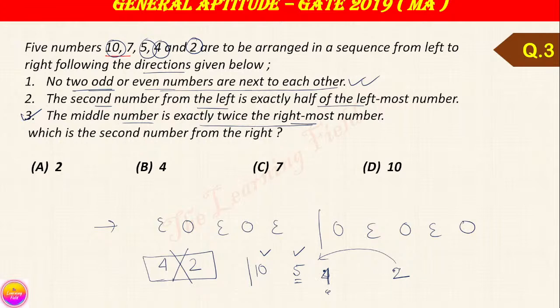These two numbers are used, and the number remaining in our hand is 7. Therefore, we put 7 here.